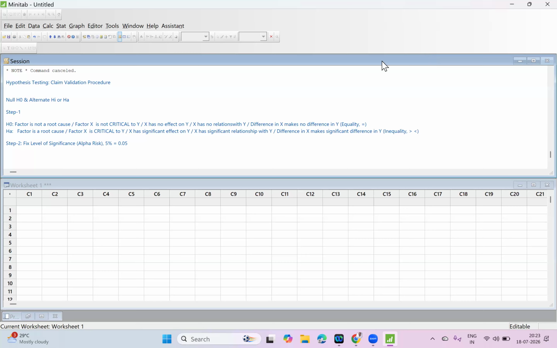It refers to the acceptable risk of rejecting a true null hypothesis. 5% refers to the risk of rejecting a true null hypothesis, known as type 1 error. When you reject a true null hypothesis, it's called type 1 error.